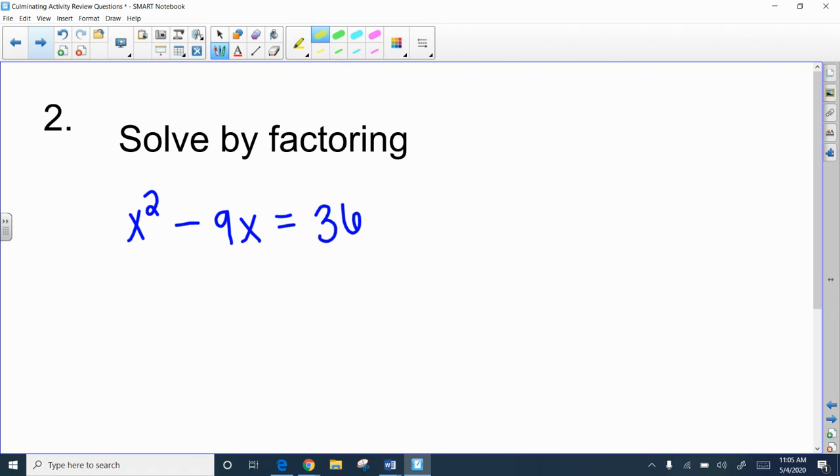All right, number 2, we're trying to solve this equation by factoring. So the equation we have here is x squared minus 9x plus 36. Hopefully we recognize that this is a quadratic equation. So on a quadratic equation, if we're going to solve by factoring first, we have to get one side equal to 0.